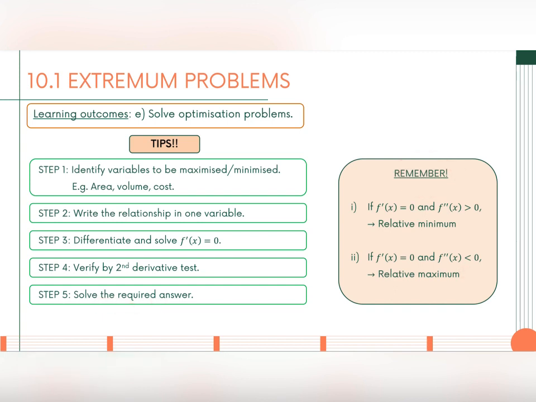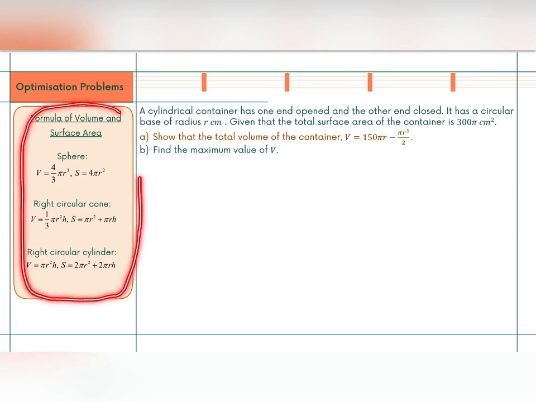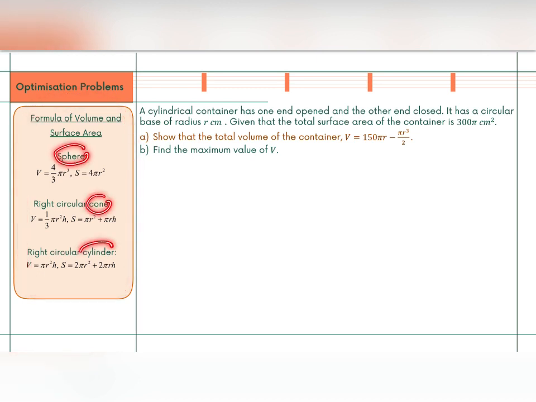Now, let's look at the first example dekat sini. So, I have a cylindrical container. Oh, before that. So, untuk optimization problem, tadi saya ada cakap pasal area volume. So, ini adalah formula-formula yang diberi dalam exam. Okay, kita ada formula untuk sphere, cone dan juga cylinder.